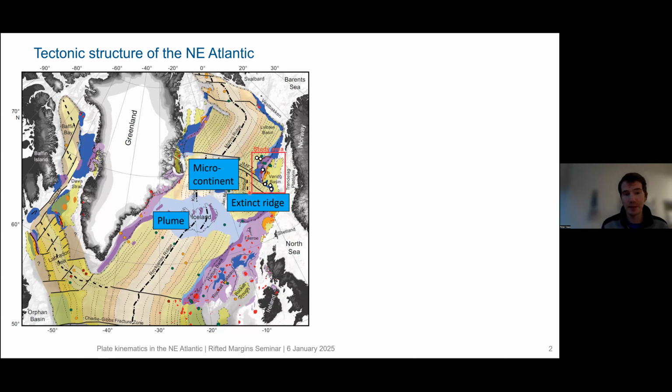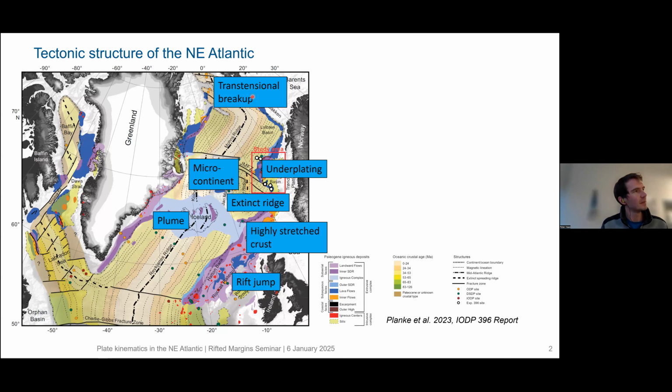We have transtensional breakup in the north, where Svalbard is located. And if we look at the crustal structure, we have underplating, highly stretched crust, especially in the southern part over here, and rift jumps. That makes plate tectonic modeling quite complex because effects might also be overlapping. But in general, especially with regard to underplating and highly stretched crust, this is a classic example for a volcanic type of passive margin.